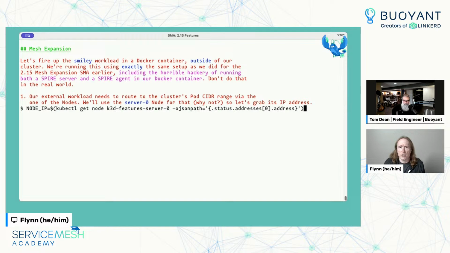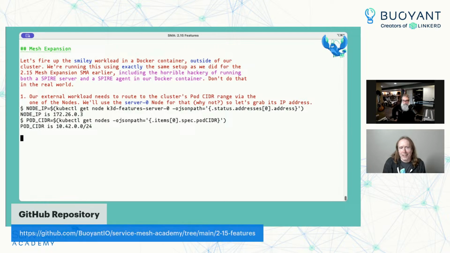So we're going to use the server 0 node. Why not? And use that for routing. So that's at 172.26.0.3. We will also go and look up the pod CIDR. I probably don't need to look this up all the time because it doesn't change as I run K3D, but it might be different on your cluster. So we'll look it up every time. Kubernetes makes that easy.